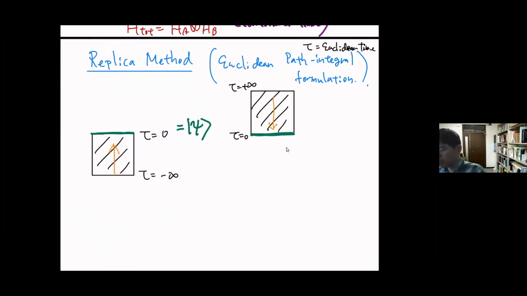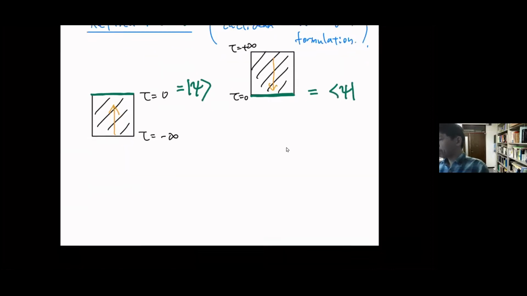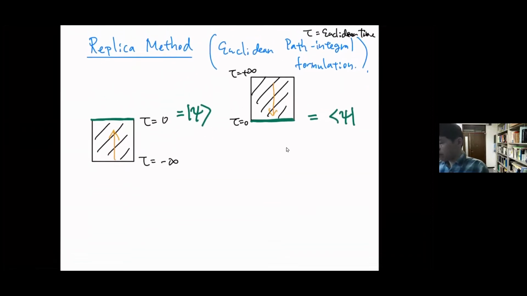So we don't need to worry about the boundary condition here; it is completely damped down to the ground state. I'm talking about ground state calculation. So we have a bra and a ket state.